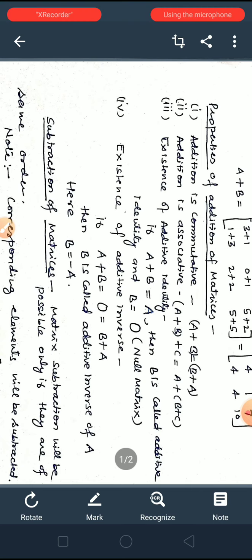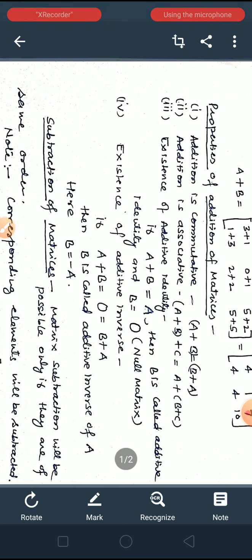Means if you add a matrix to a matrix, then you get the matrix itself. So you can take the null matrix, which when added to any matrix will always give the given matrix itself. So if A plus B is equal to A, then B is called the additive identity, and obviously B is equal to capital O, that is the null matrix.